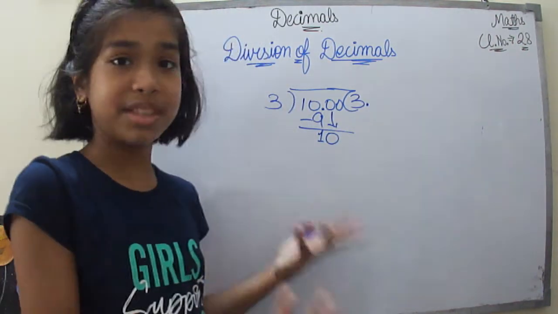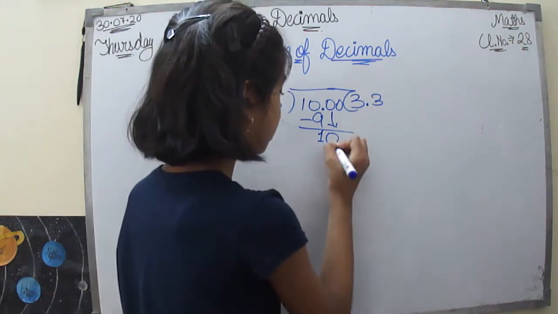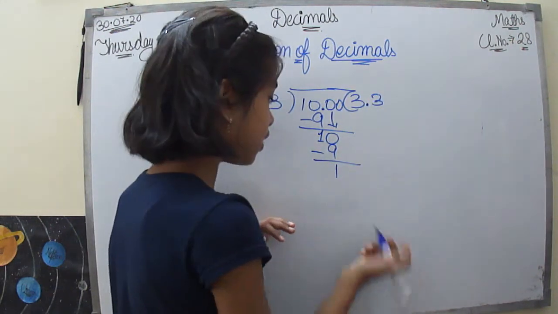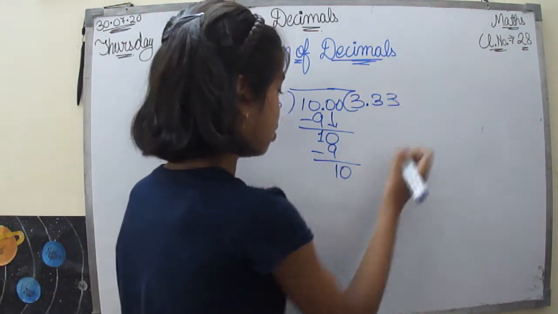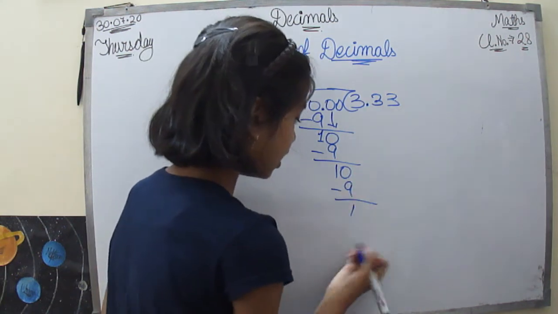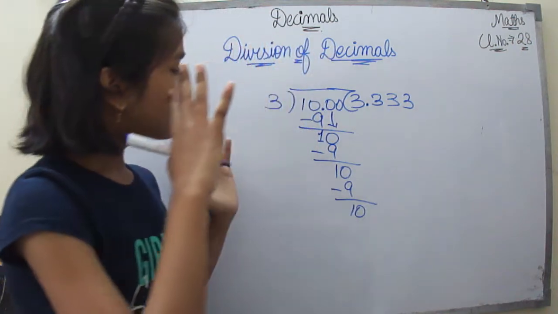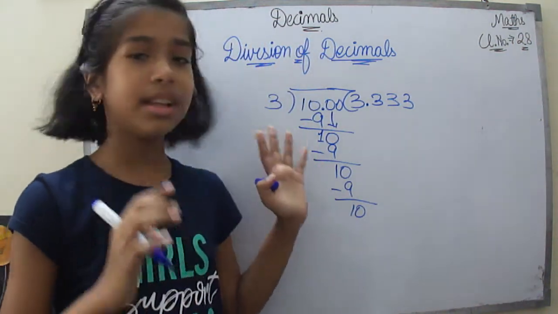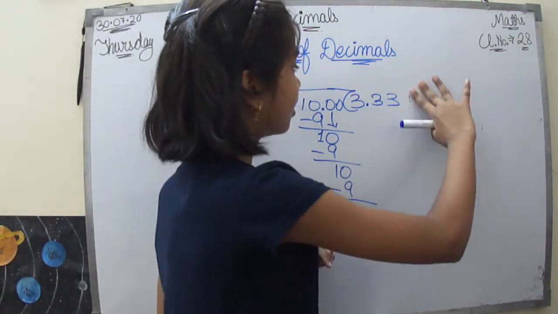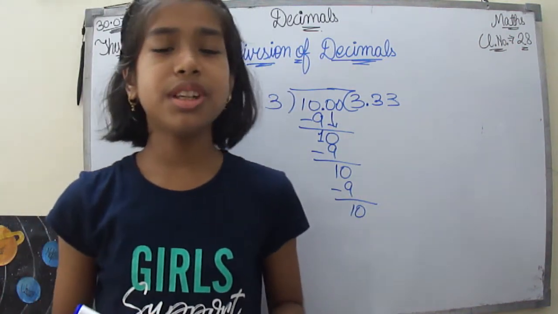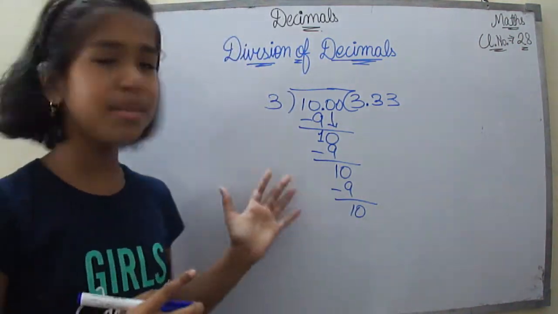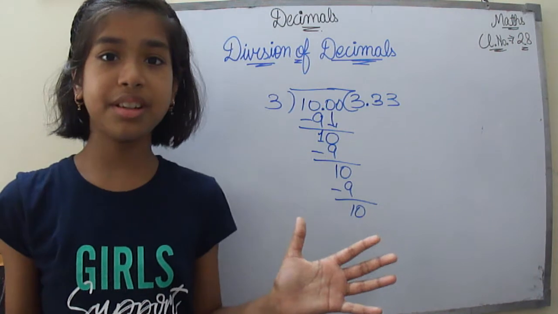Again it becomes 10, again we get 1, again 1 here. So do you know, it just seems like it is not going to end, right?